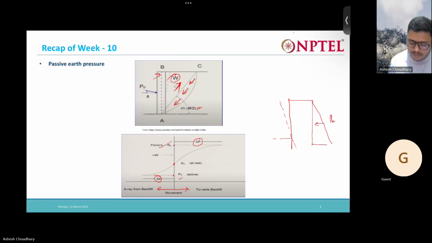But in this place, this side also you will have the active forces, and here also you will have a passive force, the toe region. Okay. So this is the condition.